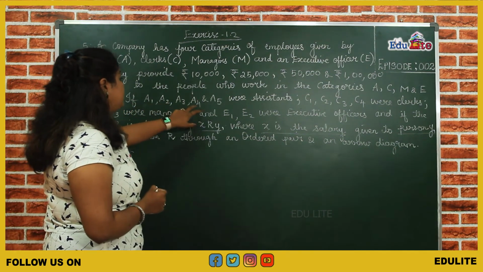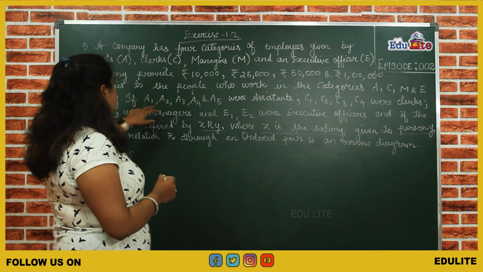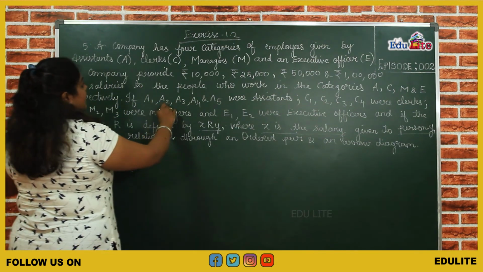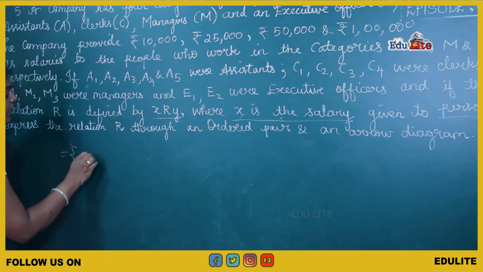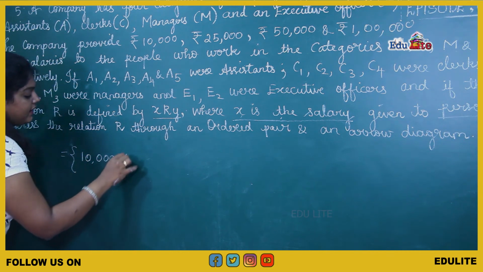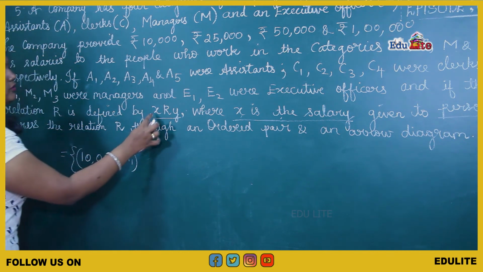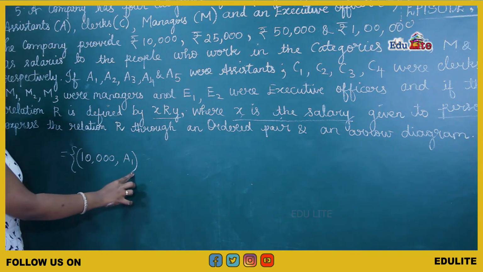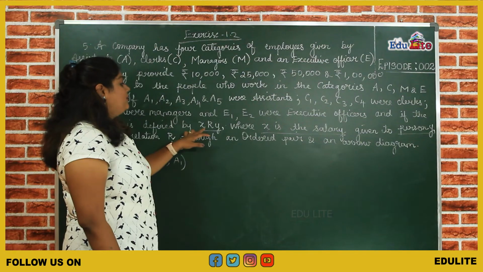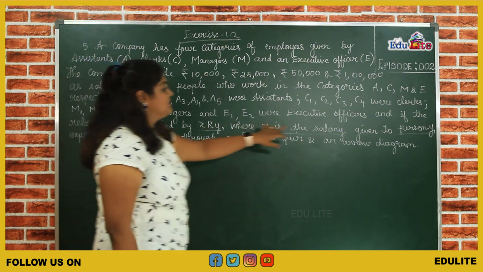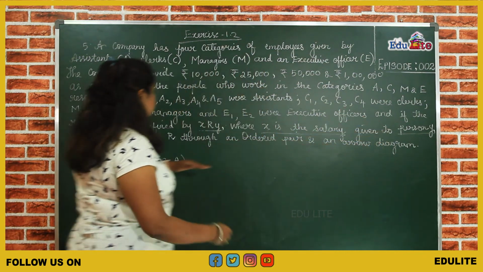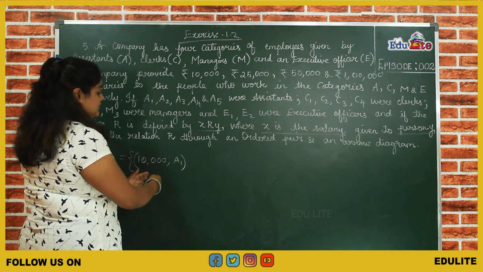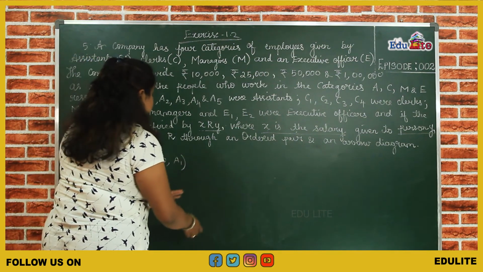Let us write our ordered pair. First, what are all the things we have? A1, A2, A3, A4, A5. This is y and assistants have the salary as 10,000. So 10,000, A1. We have to write it in the format x is related to y where x represents the salary and y represents the person. That's why we have written salary as the first element and person as the second element.